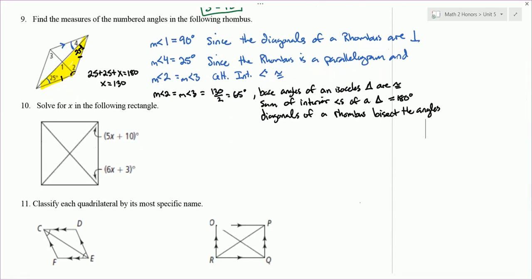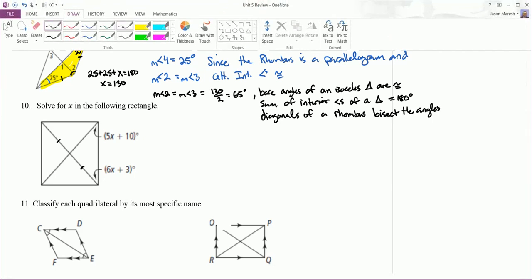Number 10, solve for x in the following rectangle. So in a rectangle, well, in any, the rectangle is a parallelogram, and we know the diagonals bisect each other. So those two lengths are the same. But we also have in a rectangle that the diagonals are congruent to each other.